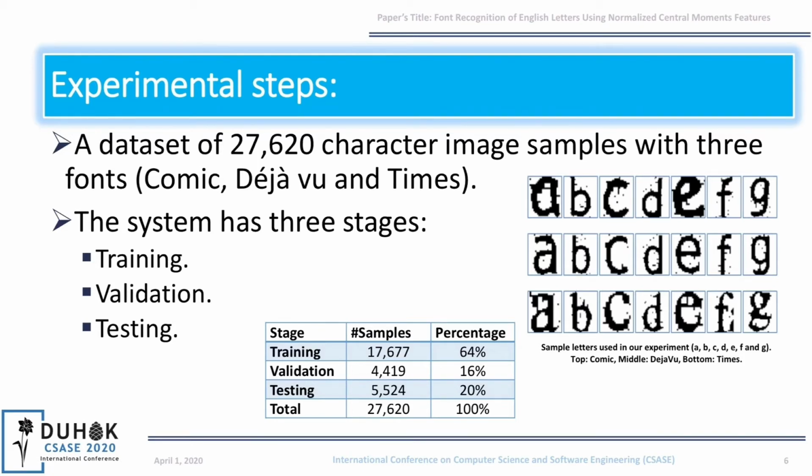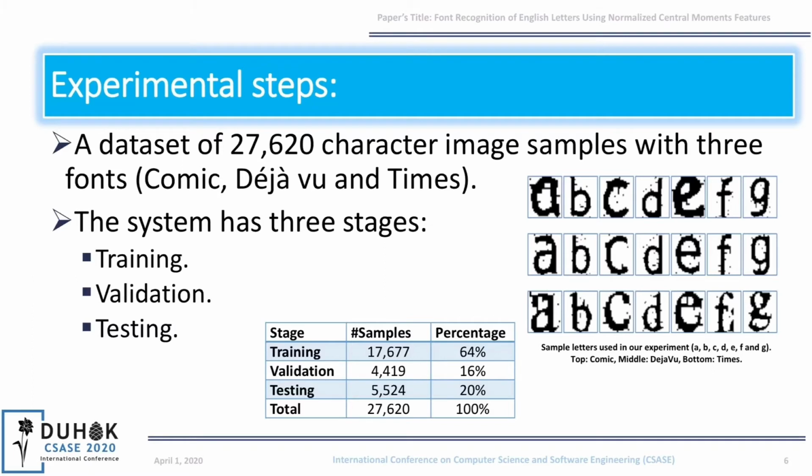64% of the dataset has been used in the training, while 16% is used for the validation and the remaining 20% is used for the testing. The samples that have been used in the training are not used in the validation and testing, and the same is true for validation and testing, where each sample is used only once.